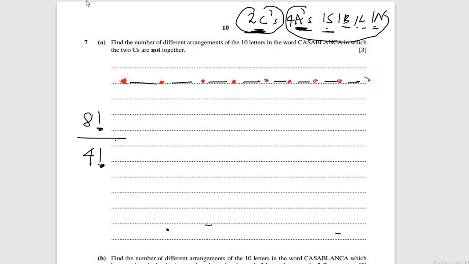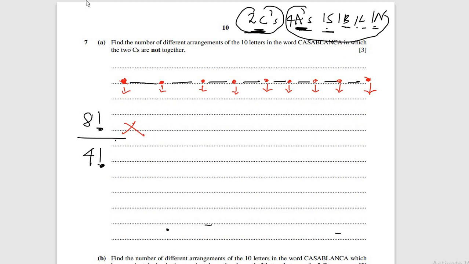If a letter is there, C is there, C is there, a letter is there. In this case, how many options do the C's have? Not arrangement now, how many options for the C's? 1, 2, 3, 4, 5, 6, 7, 8, 9. They have 9 options.